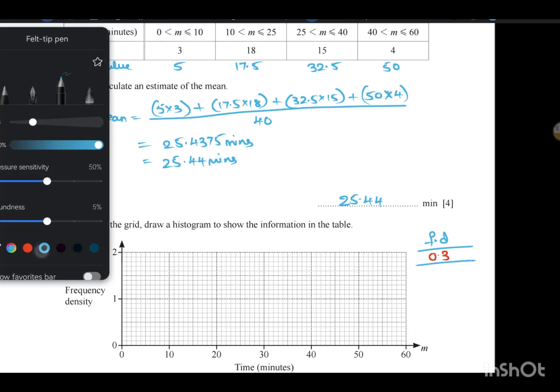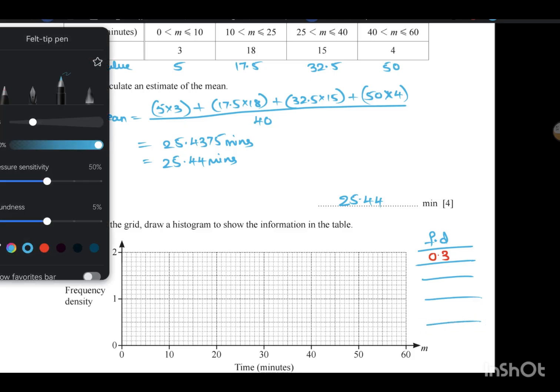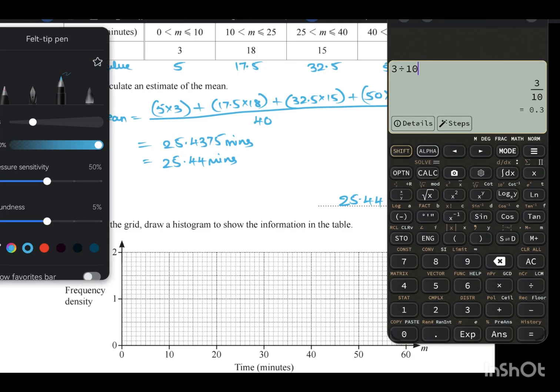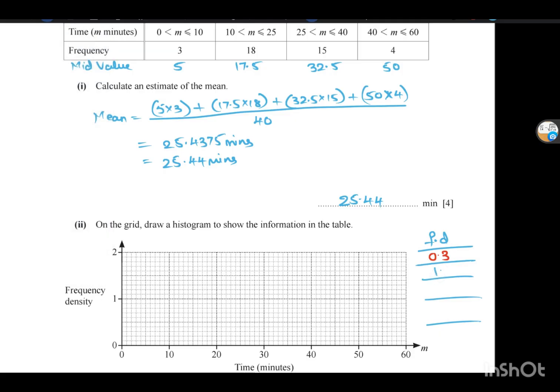Then next, let me make 4 rows like this. Now we'll have to do 18 divided by the class size, which is 15 here. So 18 divided by 15 is 1.2. This is 0.3, 1.2.